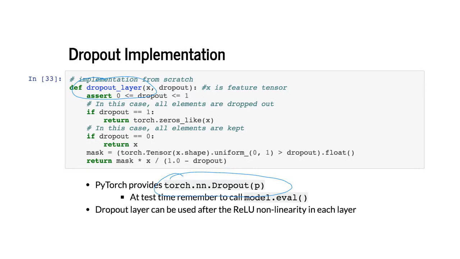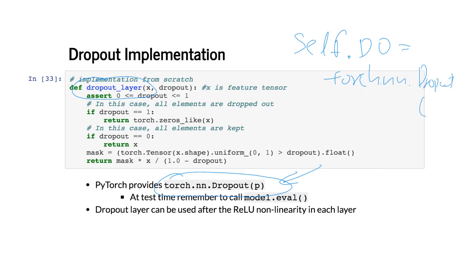So to use this layer in your own network, you have to define it. You have to define a dropout layer in the constructor, and once you define it, use self. So you can do self.dropout equals torch.nn.Dropout, and then you specify p, 0.8.